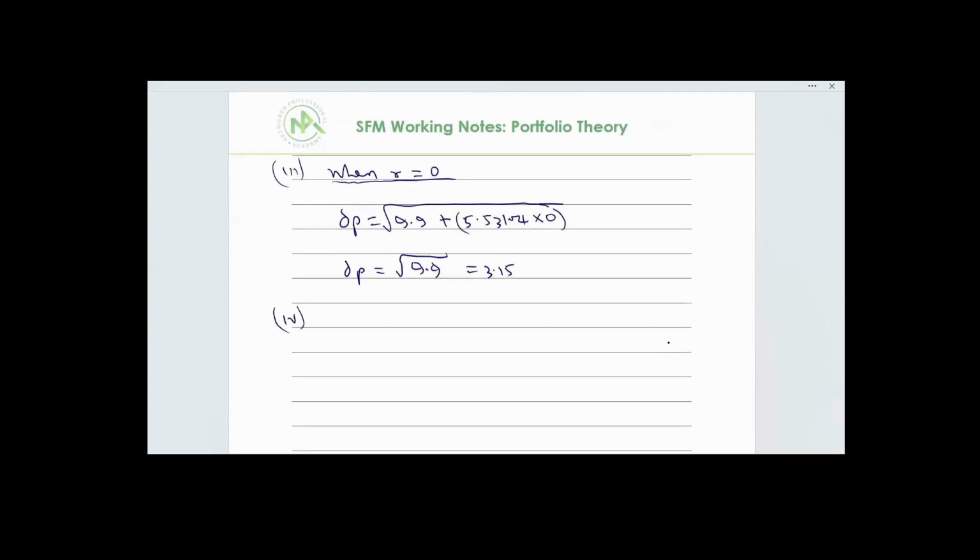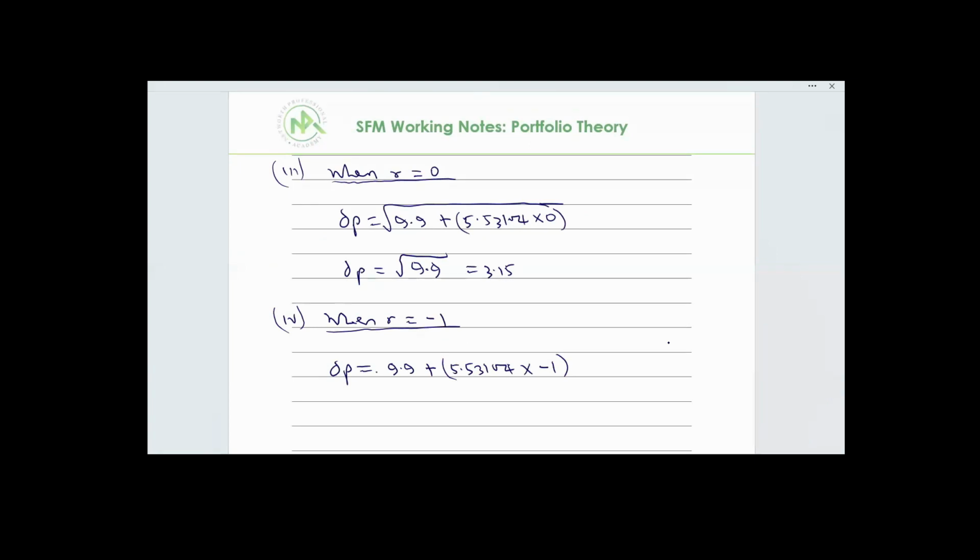Finally, the fourth one, when R is equal to -1. When R is equal to -1, the risk of the portfolio will be equal to square root of 9.9 plus 5.53104 multiplied by -1.